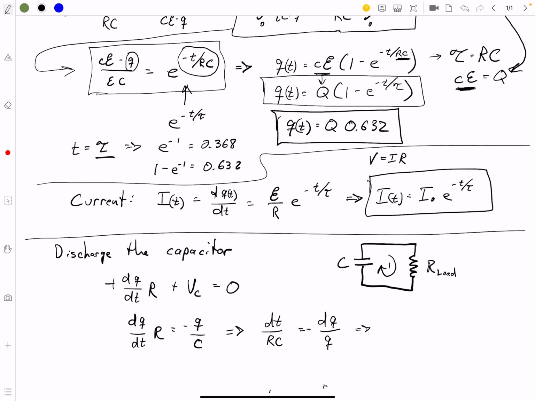Then we're left with, we want to go from 0 to some t, 1 over tau, okay, because tau is still going to equal RC. So we've got dt here, and we're going to do negative 0 to q of t, dq over q.